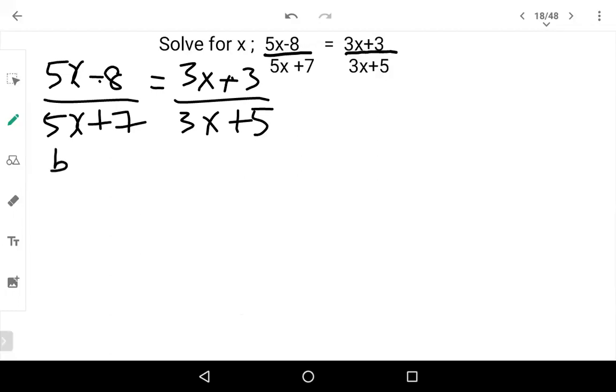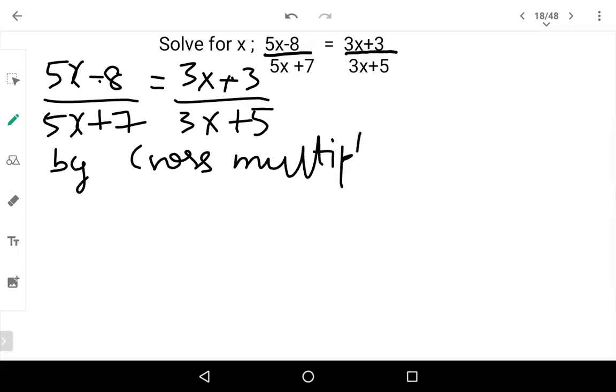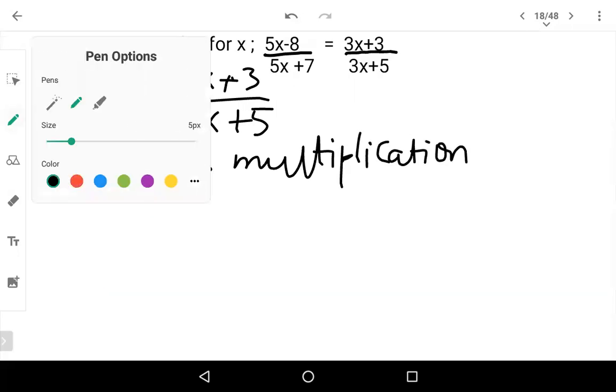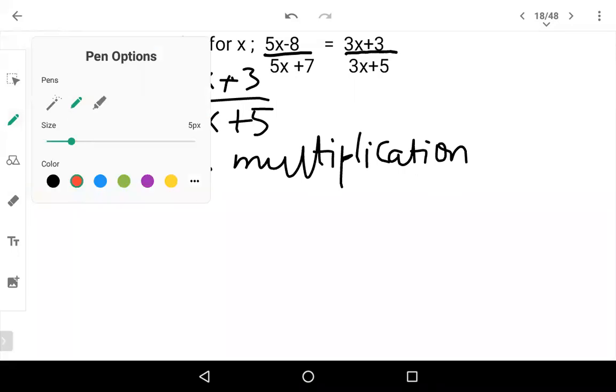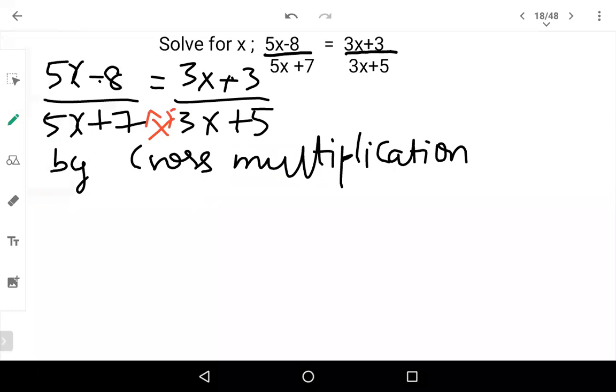So by cross multiplication, we are supposed to cross multiply both of them. Okay, so what will happen?